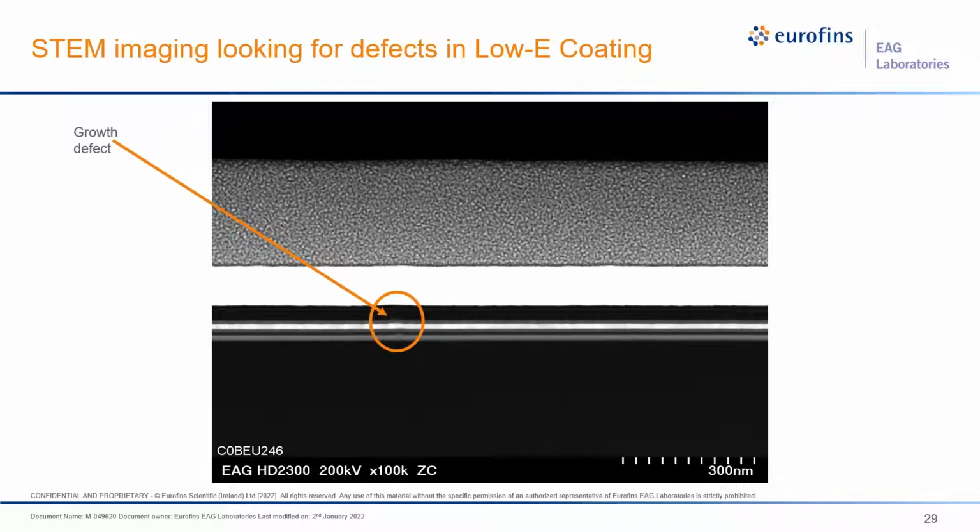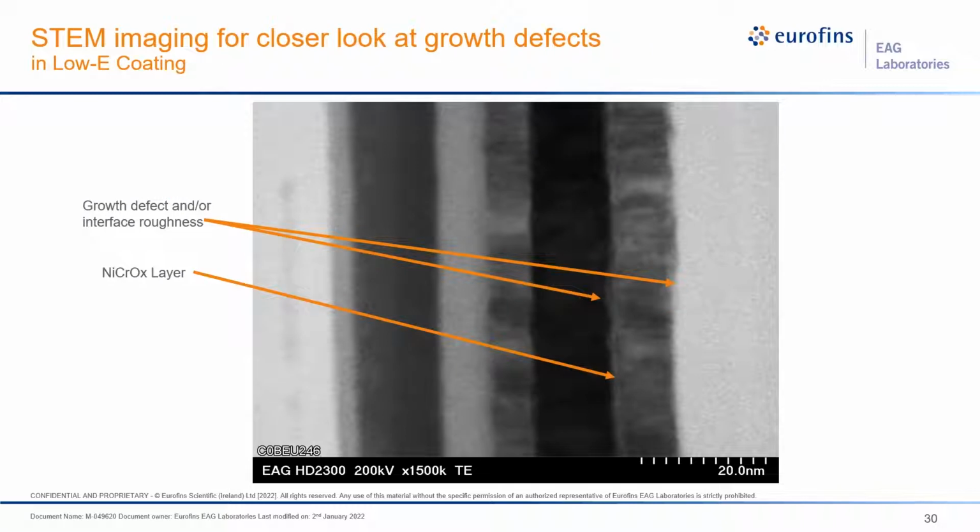The high Z elements like silver are going to be in the lighter color, and the lighter elements like sodium will be in the darker color. When we zoom into that area, we find several different things. We see that around the silver layer, this interface is kind of rough, and we have some growth defects right around here.